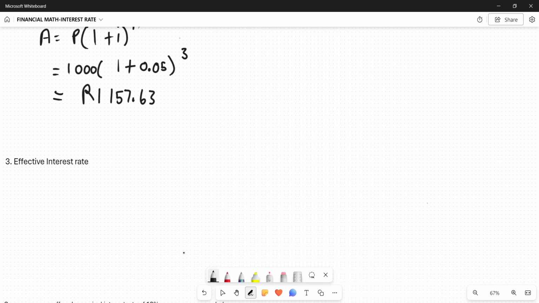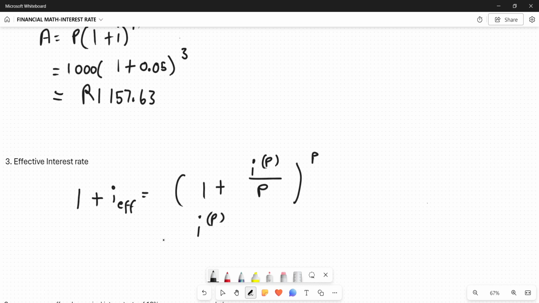Now, in order to convert a nominal rate to an effective rate, we use this formula: 1 plus i effective equals (1 plus i_p over p) to the power of what? P. Whereby i_p is our nominal rate, and p is the number of compounding periods.